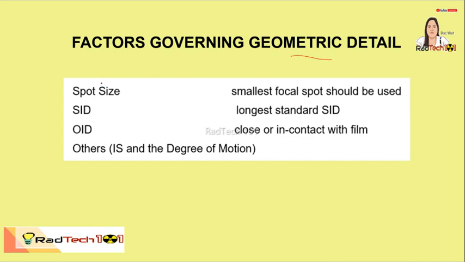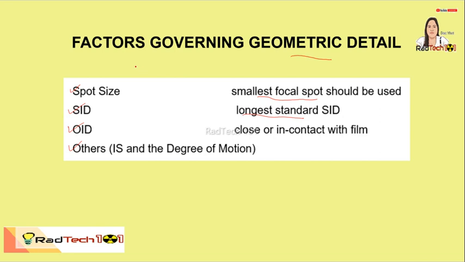And this can be affected by the size of the focal spot, the source to image receptor distance, the object to image receptor distance, and other factors including the intensifying screen and the degree of motion. To have the best sharpness of image, it is recommended to use the smallest focal spot size possible. Also maintain the longest standard SID.